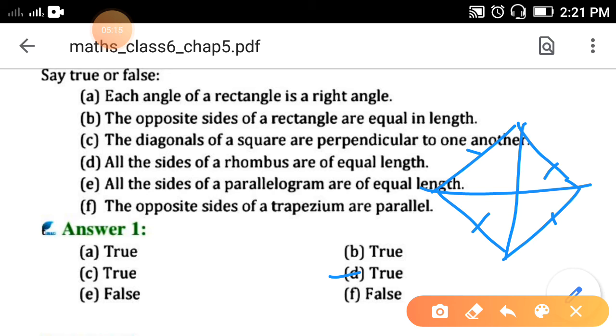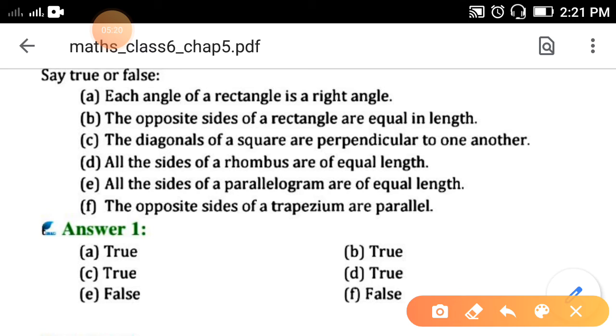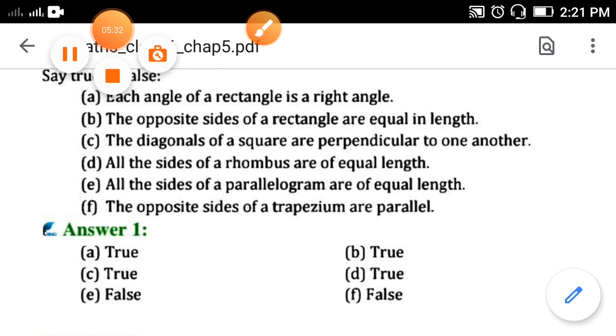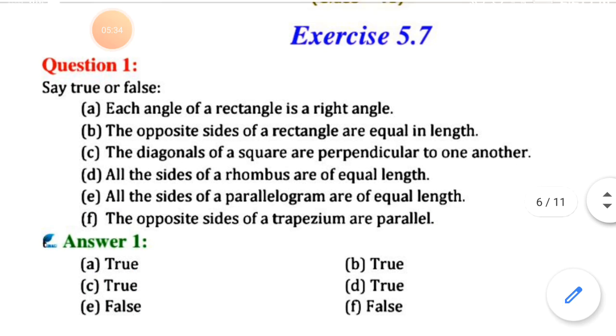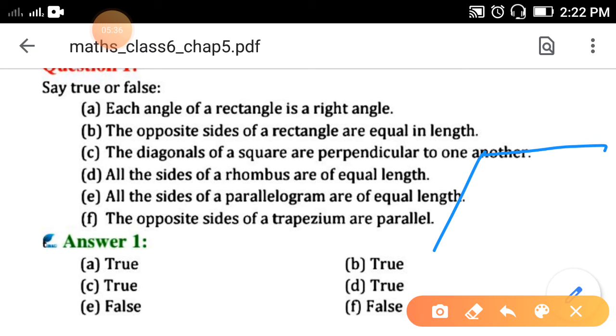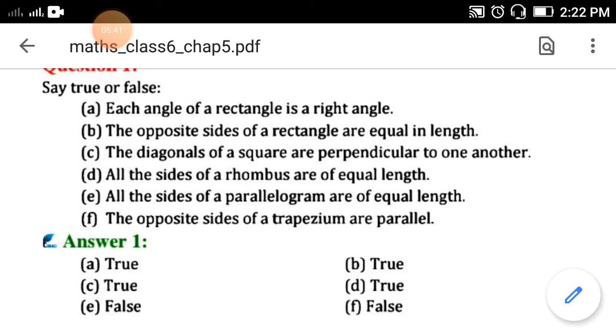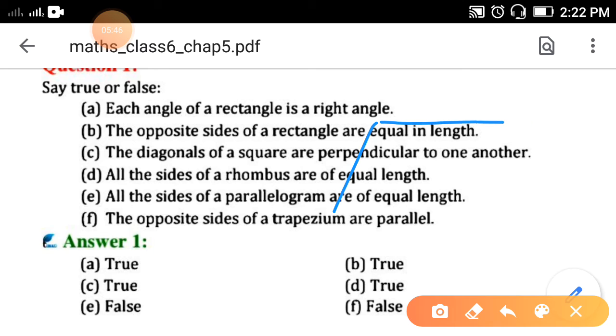E. All sides of a parallelogram are of equal length. Parallelogram. This is a parallelogram. So, in a parallelogram, opposite sides are parallel to each other, and it is not necessary that all four sides are of equal length.